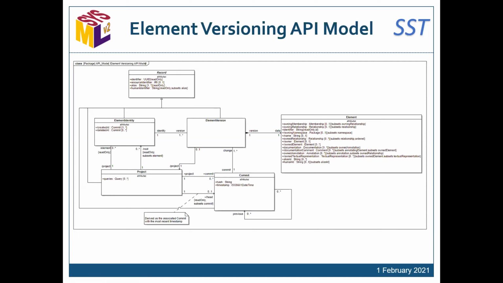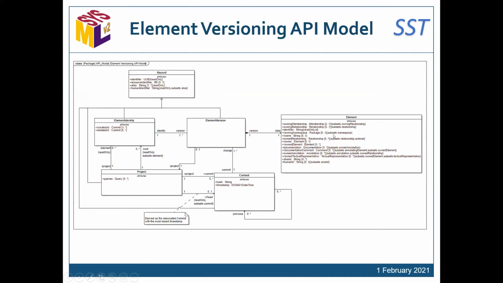Every project has a commit history, and you can think of it as a linked list where every commit points to the previous one. We're working on a branching model for the API, so you should be able to, in the future, create branches on a project. Every branch can then have its own commit history to allow for more parallel development on a project. But this diagram doesn't show that right now.